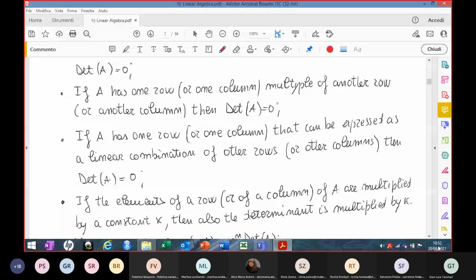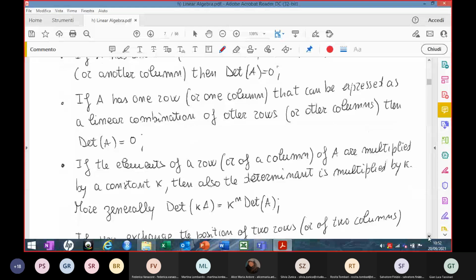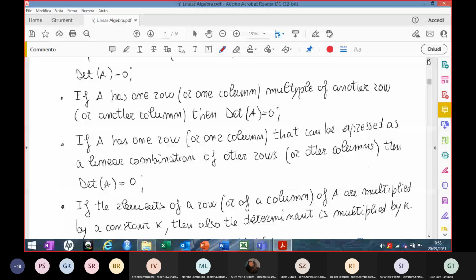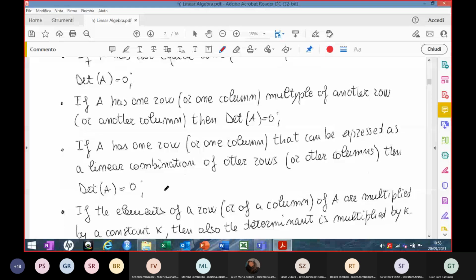So, in all these cases, guys, I simply want to tell you that the property I just told you is the general case, including the previous one, because saying that one row is a multiple of another means, for example, suppose that the fourth column is 3 times the first one.